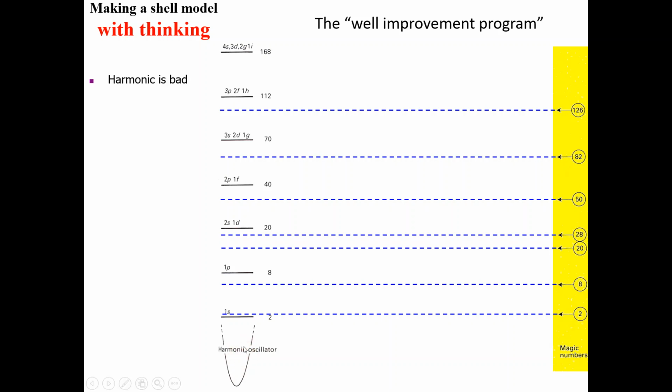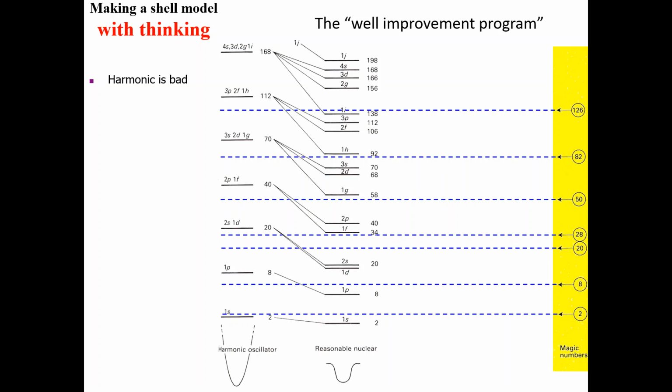So let's see. When we apply the harmonic oscillator, we observe that the harmonic oscillator is bad. Here you can see how we get the values. We see that each level has been split up in two or three or even four different levels.